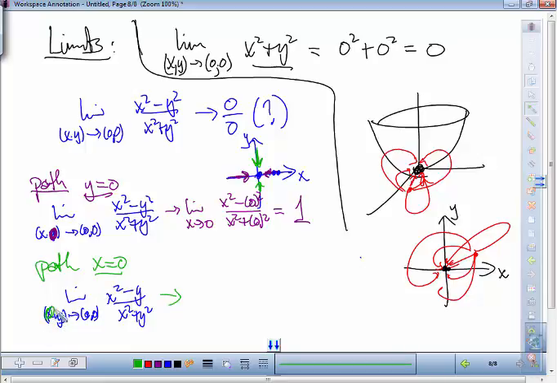Let's change everything to 0, and so under the limit I have 0 times y, so that's just y. So really I have y approaches 0, and x is equal to 0 squared. What do I get? I get -1 this time.